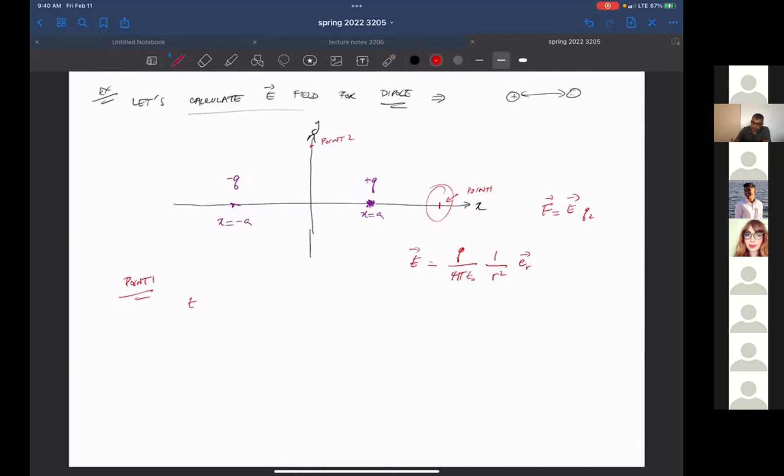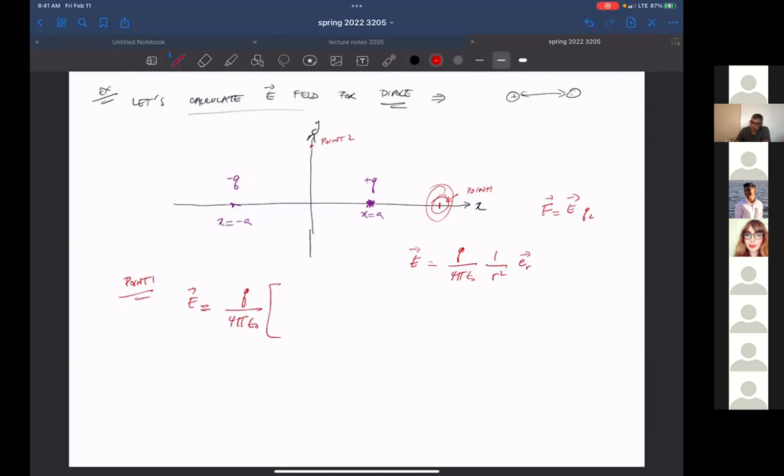So the electric field at this point, again at this point x, let's figure it first from Q. So it's Q over 4 pi epsilon naught.